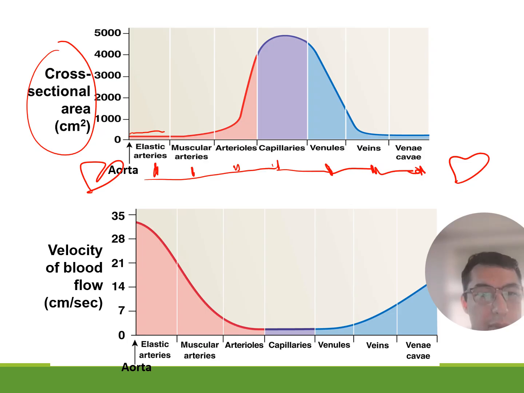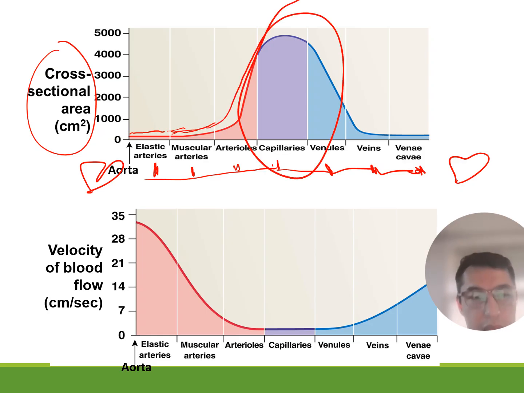There is not that much of the elastic arteries. I mean, they are large and they carry a lot of blood flow, but there is not that much of it. And then there are more capillaries in cross-sectional area throughout your body. As you remember, the capillaries are very, very small. So what happens? Because they're very small, blood flow decreases.